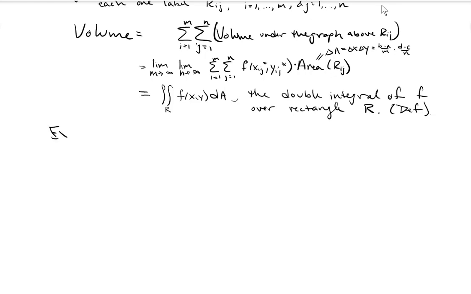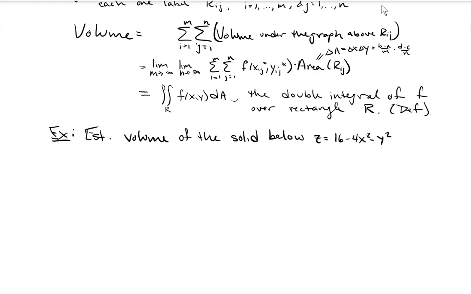Let's call this an example. Let's estimate the volume of the solid below the graph of z equals 16 minus 4x squared minus 4, let's just say y squared, and above the rectangle R equals [-1, 1] cross [-1, 1].